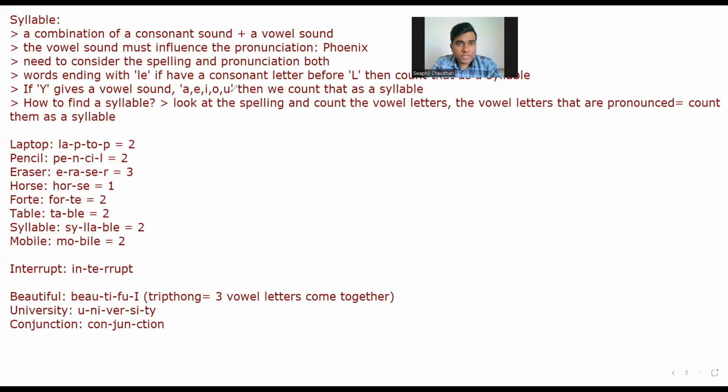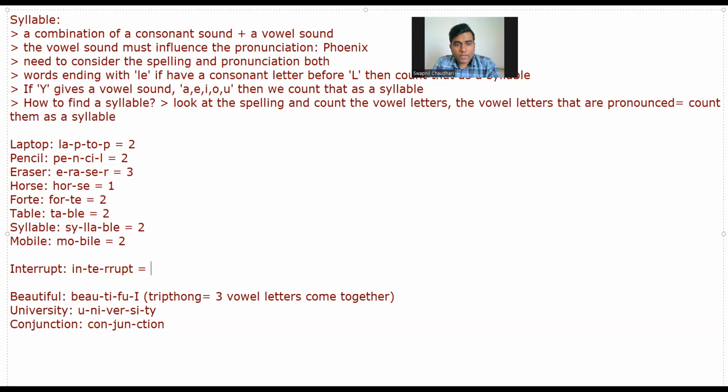Right, now this word interrupt, you can see over here, interrupter, right? So do we pronounce this ter? We do. Ter, and ra. Okay, the sound is pronounced specifically.